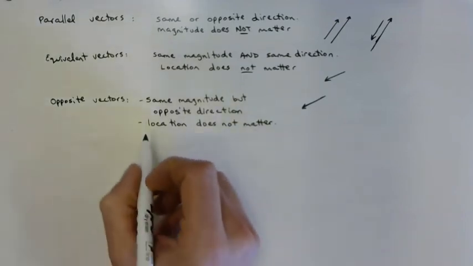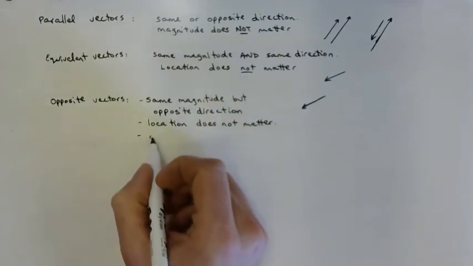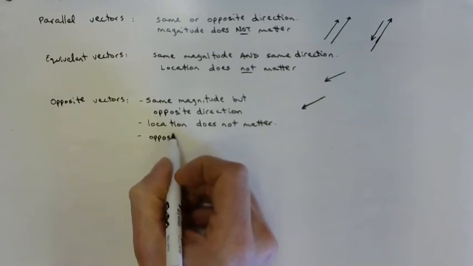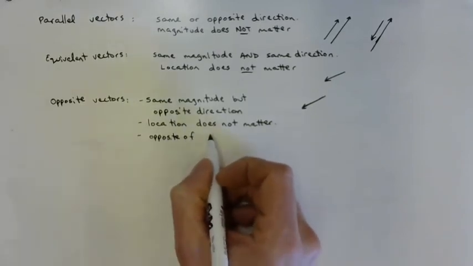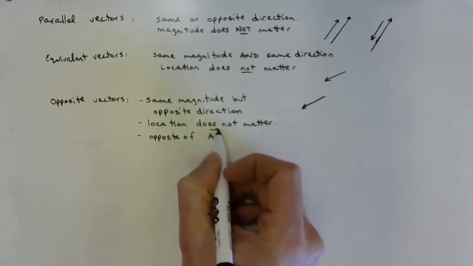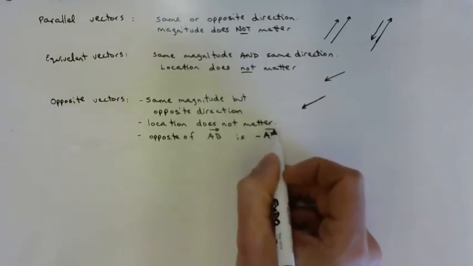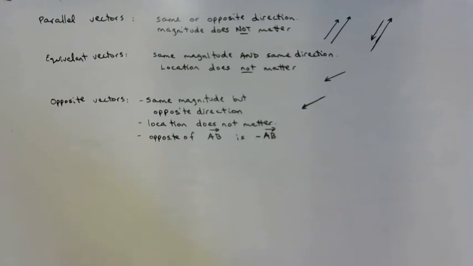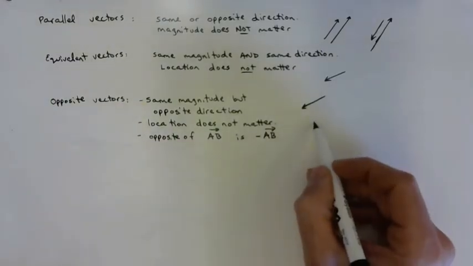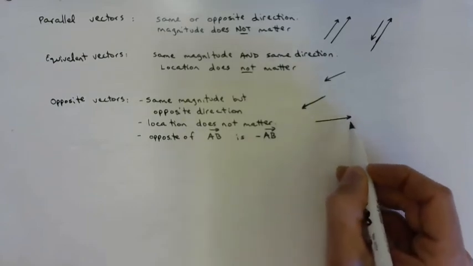And how would we write them? Well, the opposite of vector AB is negative AB, negative the vector AB. So an opposite would be something like this, heading this way.